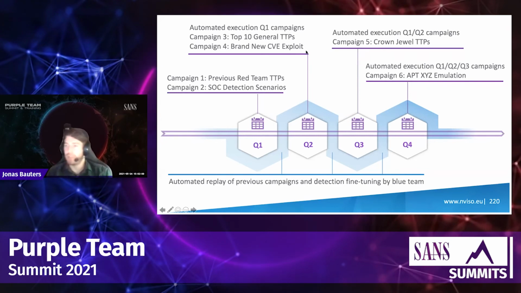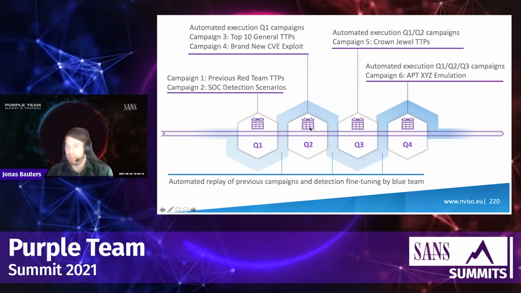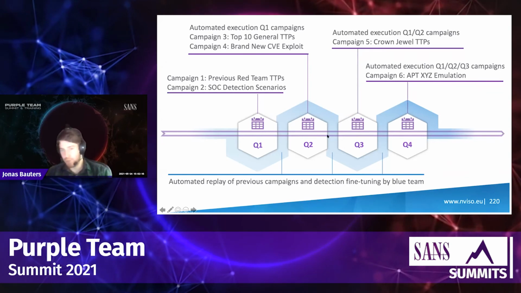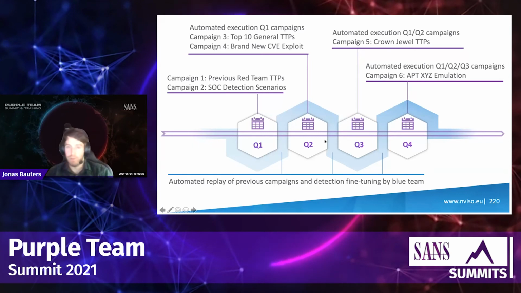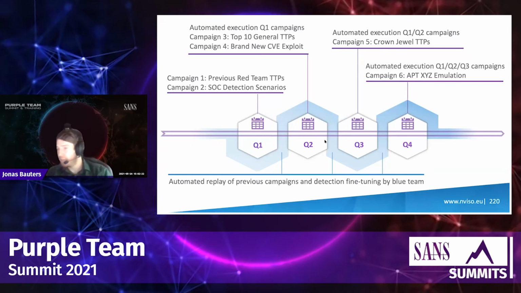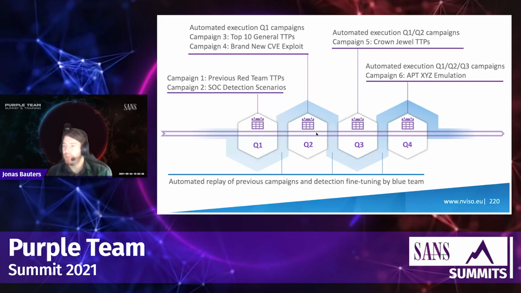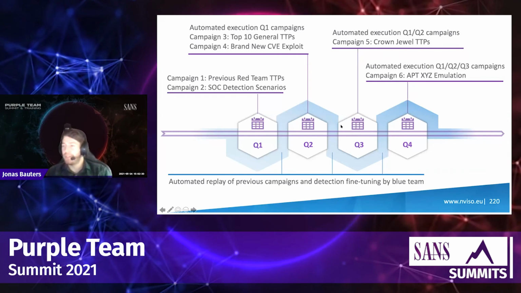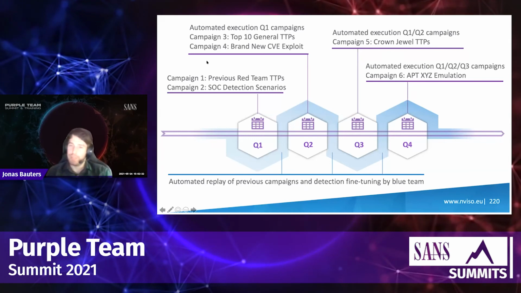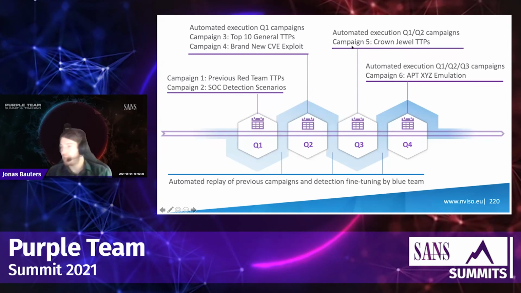And then same story, we put those into replay packages again. We have the blue team execute those replay packages in a continuous fashion based on the time they have available, at their tempo, in between these quarterly executions. And then when we go back, we can use the replay packages again to execute previous campaigns, report on improvement, and then repeat with a new campaign again.